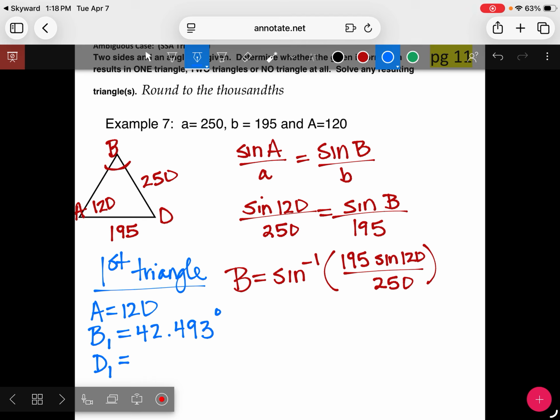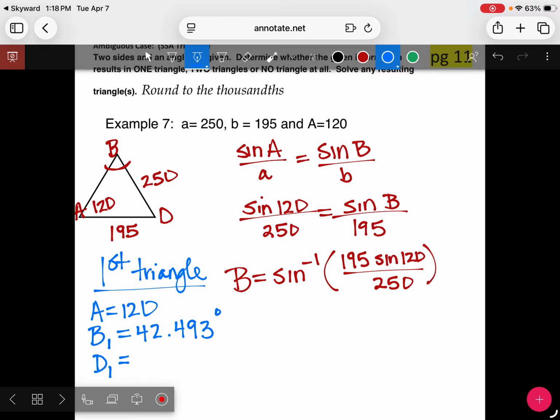Did anybody else get 42.493 degrees? All right, good. So now we know two angles. So that means we have at least one triangle. In this triangle, angle A is 120. Angle B is about 42. Now we need to find angle D using triangle sum.